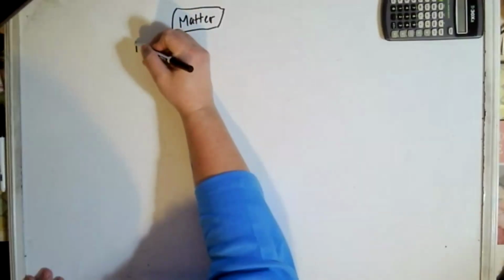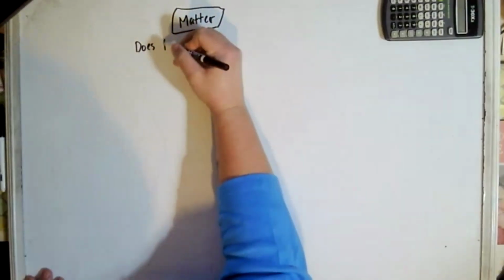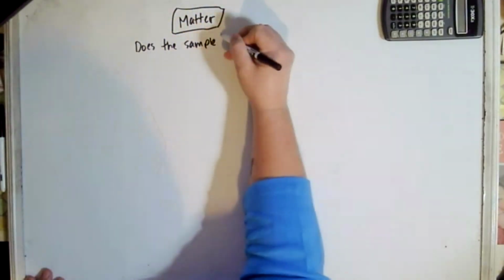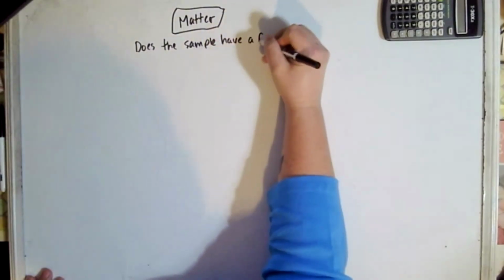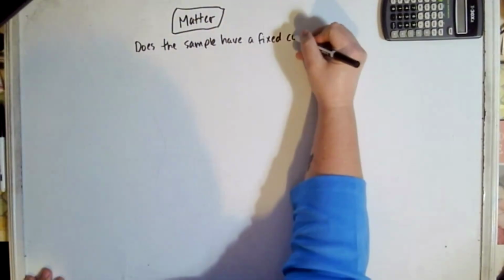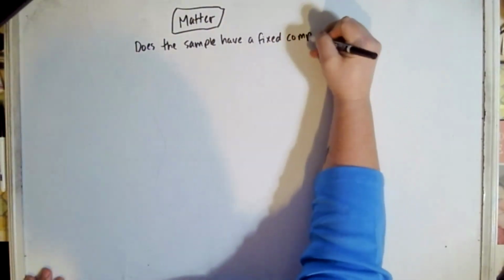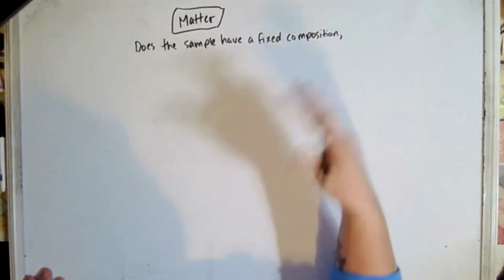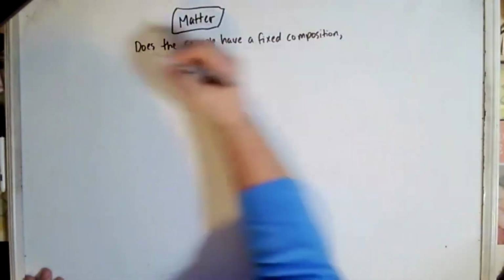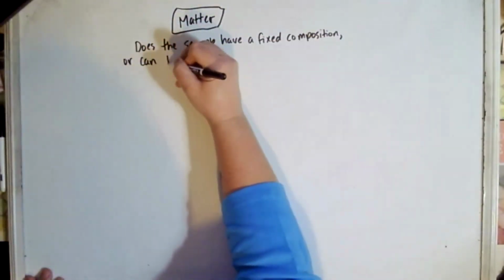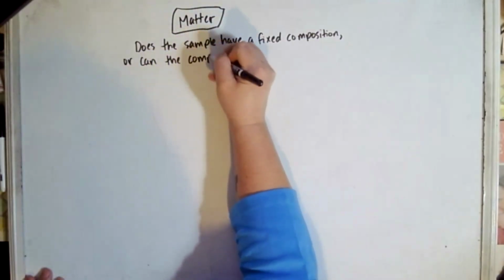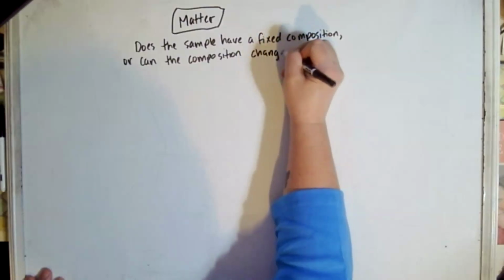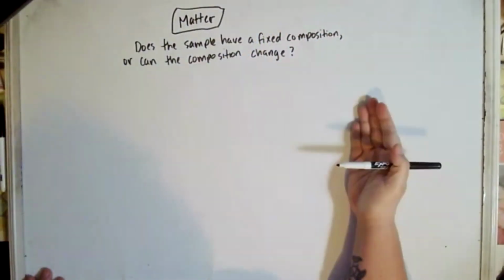you're going to ask, does your sample, whatever you're looking at, have a fixed composition? Or can it change from sample to sample? Okay, or can the composition change? And depending on your answer to this question, that tells you whether you have a pure substance or a mixture.